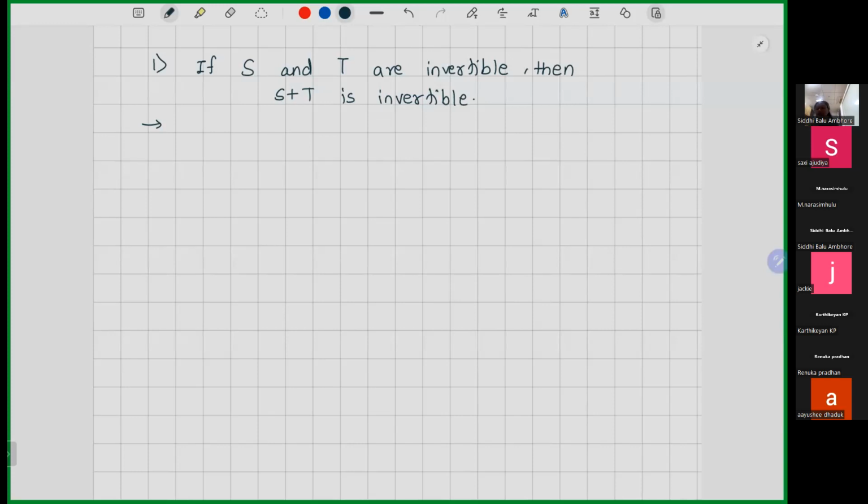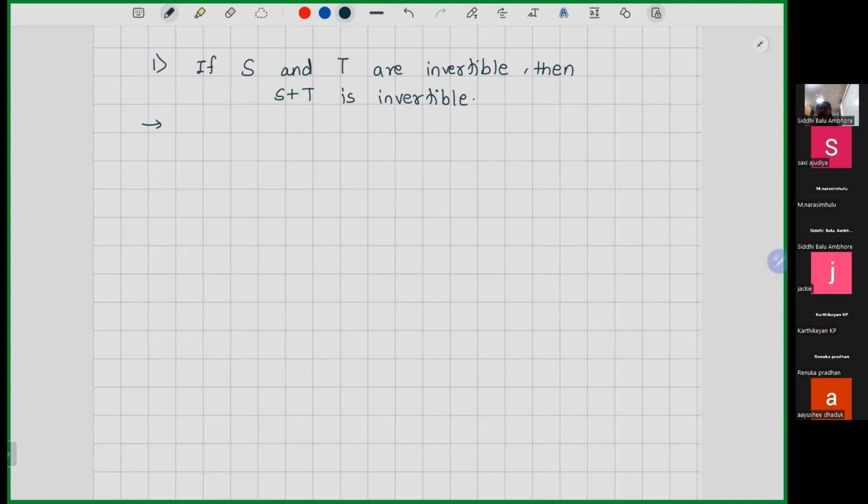Understand that when we have an invertible linear transformation, the corresponding matrix of the linear transformation is invertible. This result is proved. So when I say that S and T are invertible linear transformations, it means I have corresponding invertible matrices, which are their linear transformation matrices. And now I am asking whether S plus T is invertible or not.